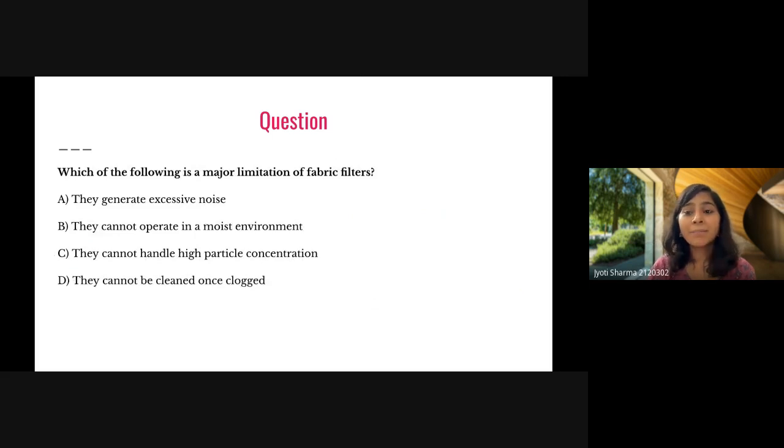But there is some limitation of fabric filter also, and you have to tell me the major limitation. They generate excessive noise, they cannot operate in a moist environment, they cannot handle high particle concentration, they cannot be cleaned once clogged. What do you think? What is the major limitation of fabric filter?